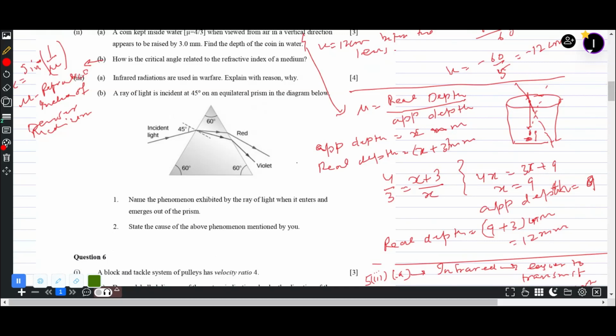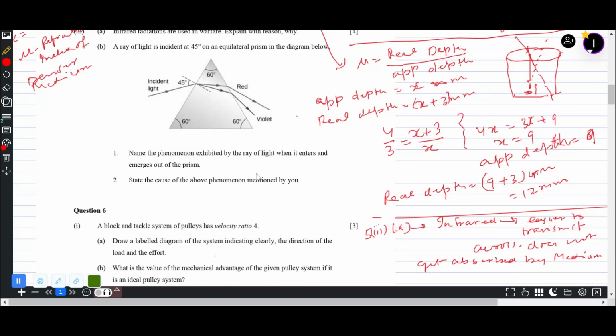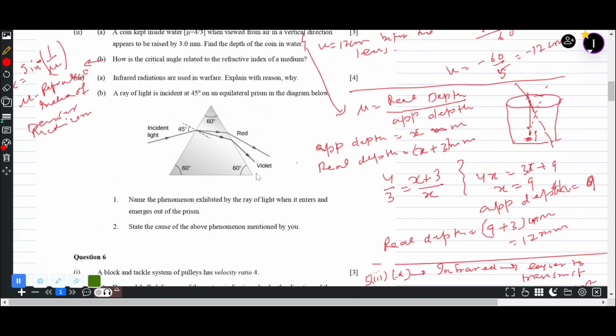Next is, the ray of light is incident at 45 degrees. As in the diagram below, name the phenomena exhibited by the ray of light when it enters and emerges out of the prism. What is given: 45 degrees.